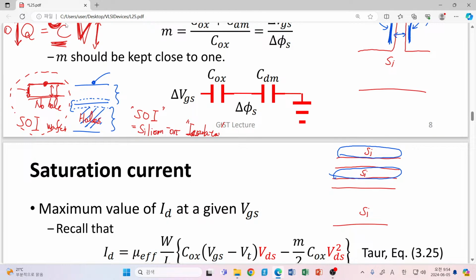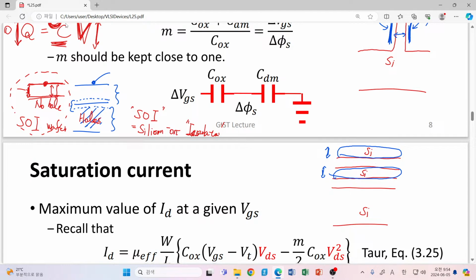Then what is the thickness of this silicon channel? This will be the thickness of your silicon channel, and also this will be the thickness of your silicon channel. Then please think about this situation. What is the determining factor to define the thickness of your silicon?